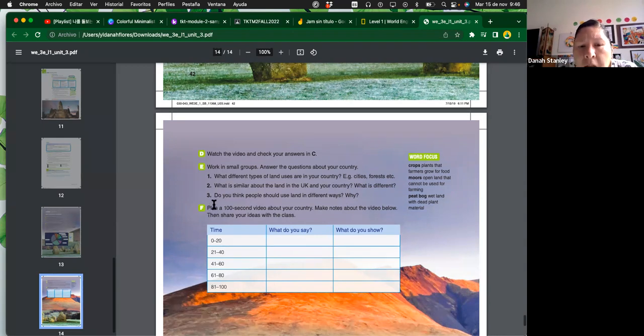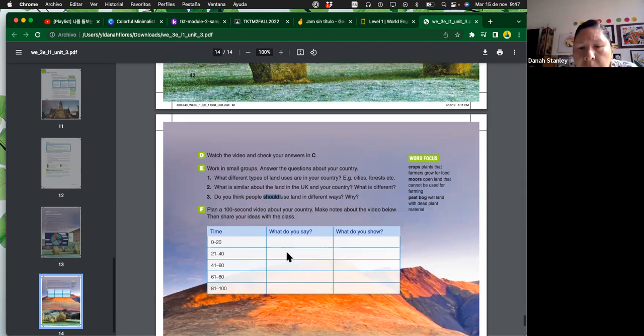What is different? Do you think people should, aquí tienen should, use land in different ways? Why? And you have plan a 100-second video, que es de 1 minuto 40, about your country. Make notes about the video below, then share your ideas.